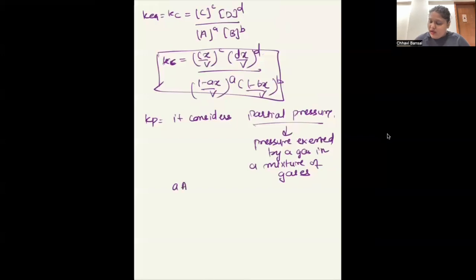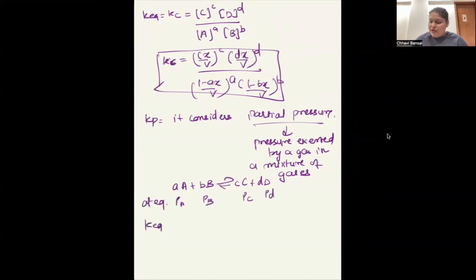Now, let's find out the value of Kp using the same equation: aA plus bB forms cC plus dD. Instead of using the number of moles, let's assume these are the partial pressure of A, partial pressure of B, partial pressure of C, and partial pressure of D at equilibrium.